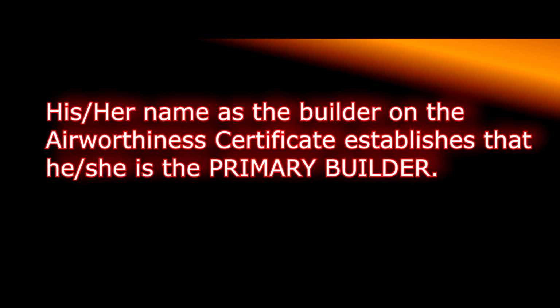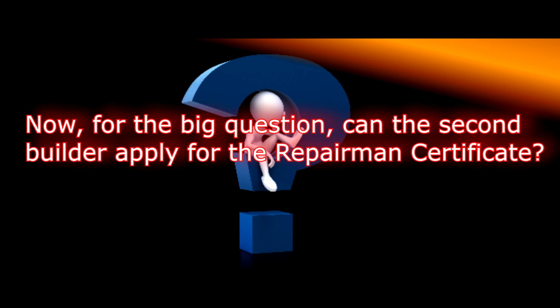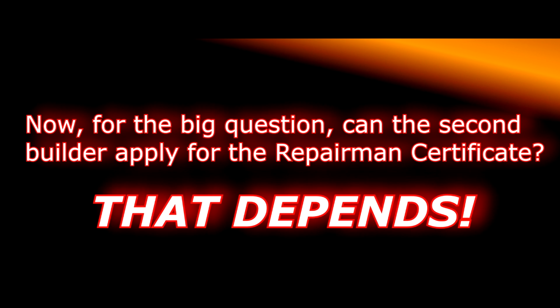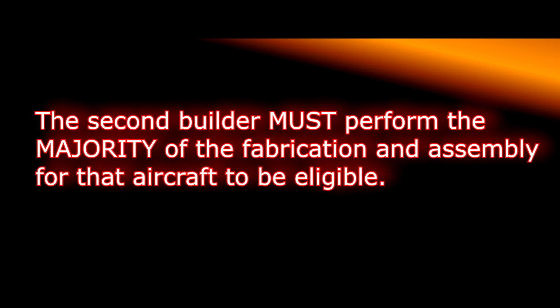His or her name as the builder on the airworthiness certificate establishes that he or she is the primary builder. Now for the big question. Can the second owner apply for the repairman certificate? That depends. The second builder must perform the majority of the fabrication and assembly for that aircraft to be eligible.